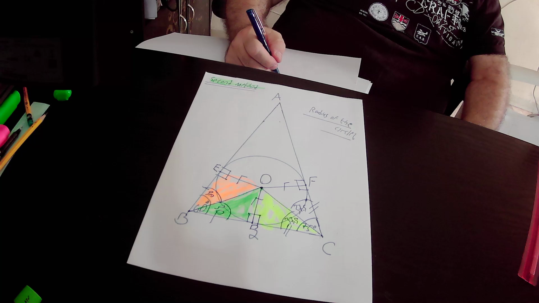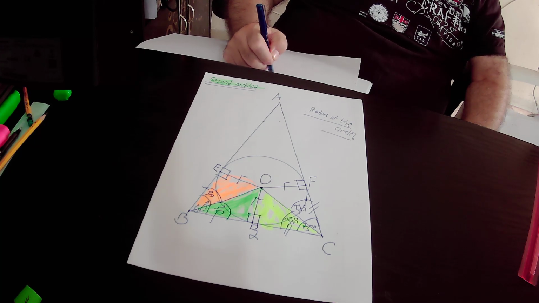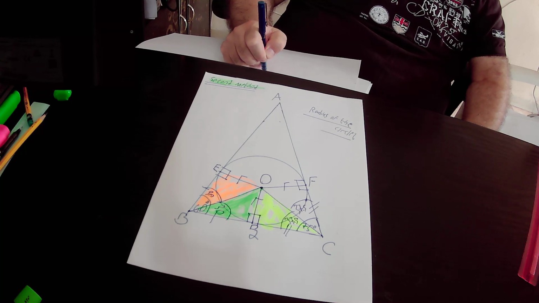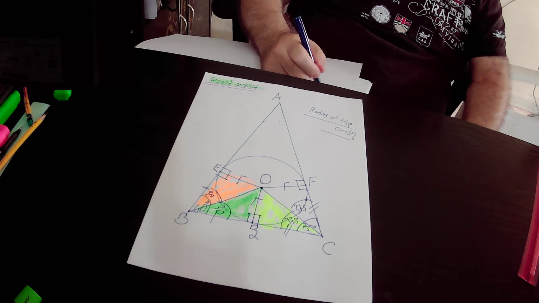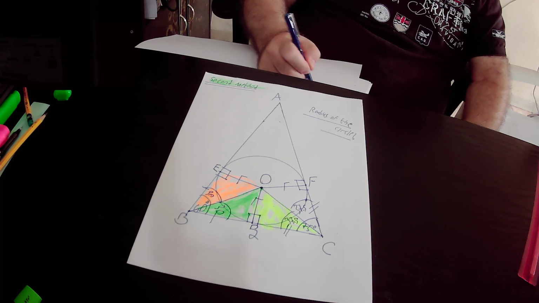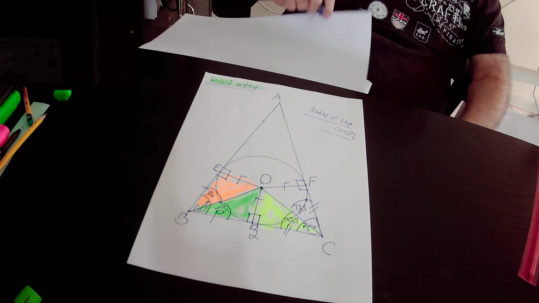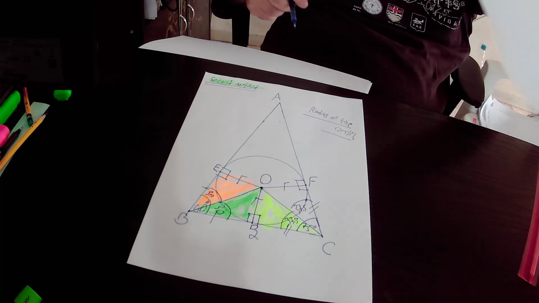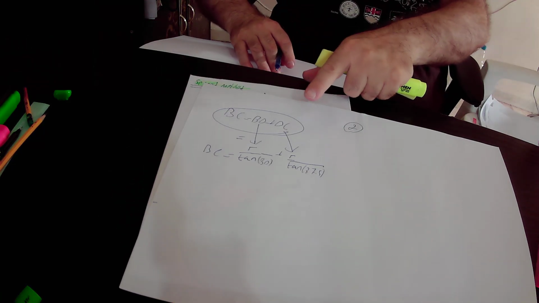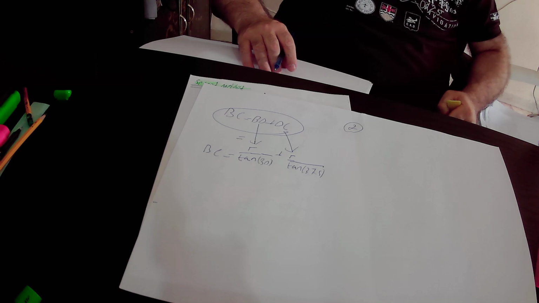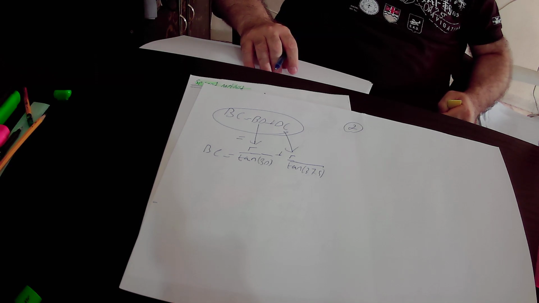Therefore, we substitute DC by R over tangent 37.5 degrees. So, in conclusion, we found out that BC equals R over tangent 30 degrees plus R over tangent 37.5 degrees.